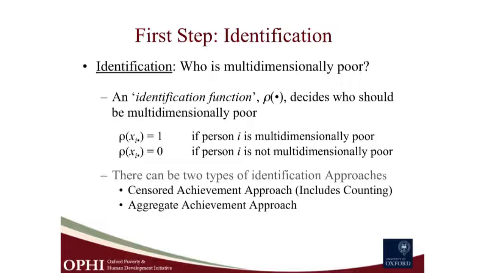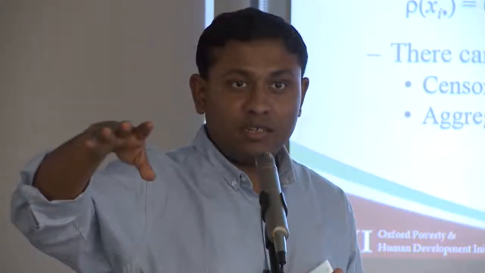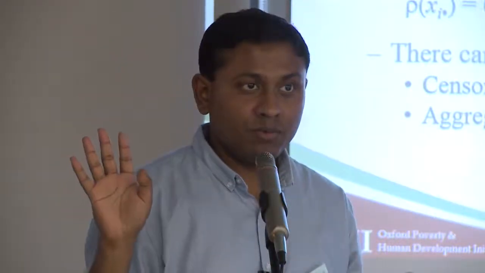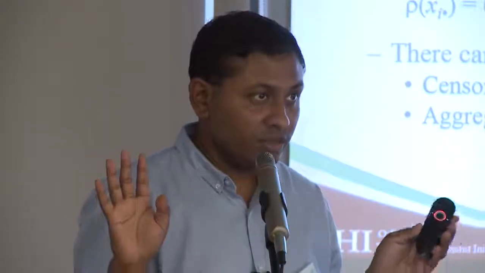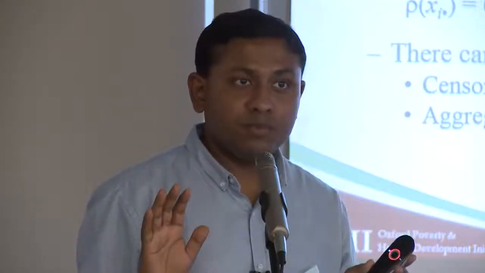In the single dimensional context, what did we do? We computed the overall achievements, right? A poverty line was selected, and those who had achievement below the poverty line were identified as poor or deprived. This is what we did in the single dimensional context, right? In the multidimensional context, there are 2 different types.